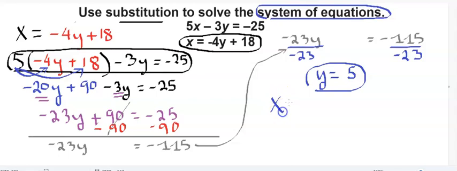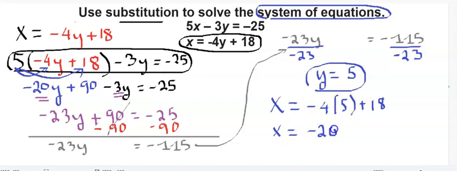So x equals negative 4 times y, and y is equal to 5, so negative 4 times 5 plus 18. Well, negative 4 times 5 is negative 20, and negative 20 plus 18 gives me negative 2.